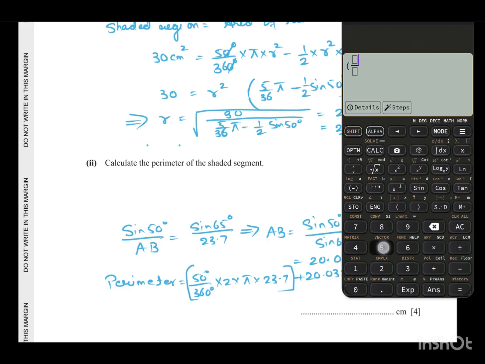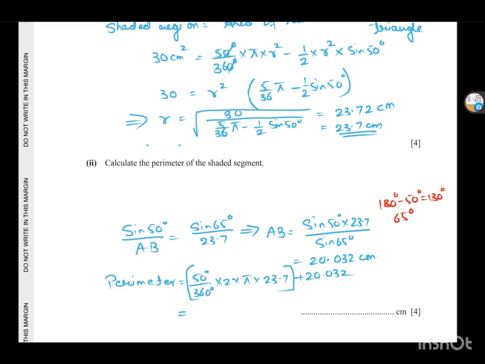Open the bracket, 50 by 360 into 2 into pi into 23.7 plus 20.032, 40.714. 40.714 centimeters. So you can round to one decimal place, 40.7.